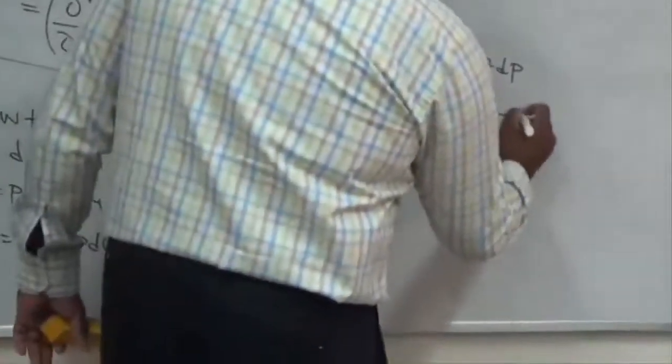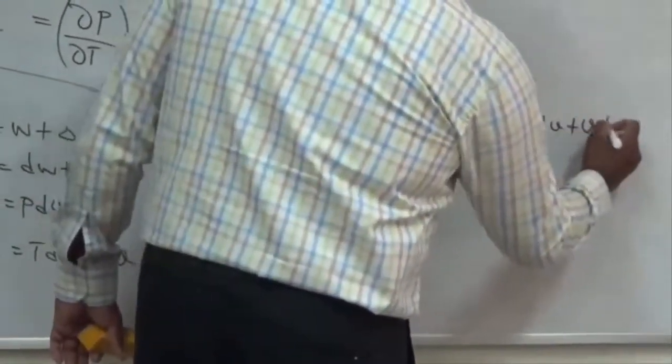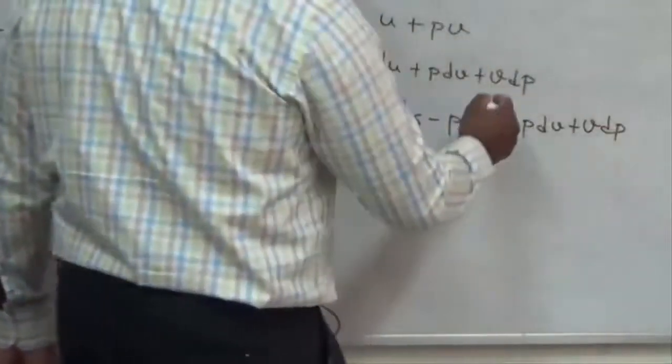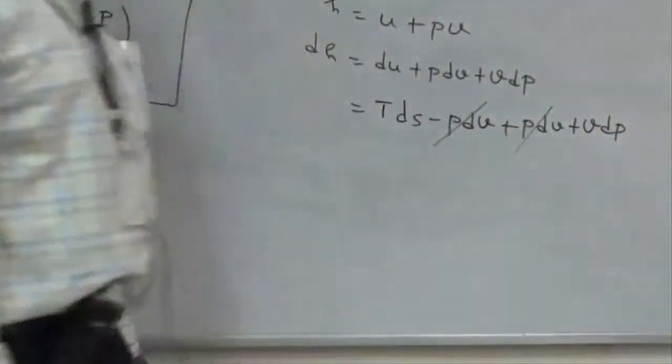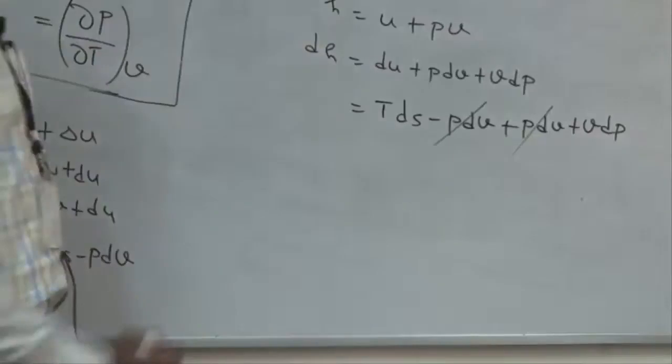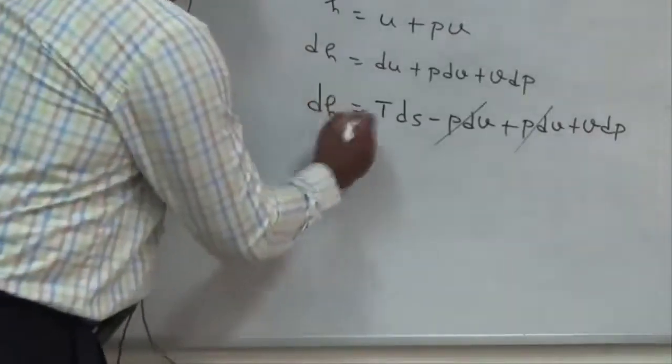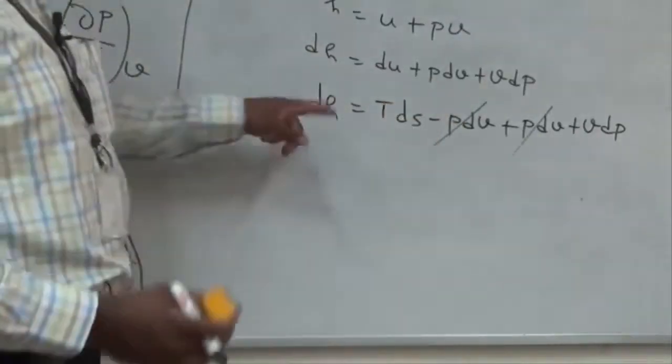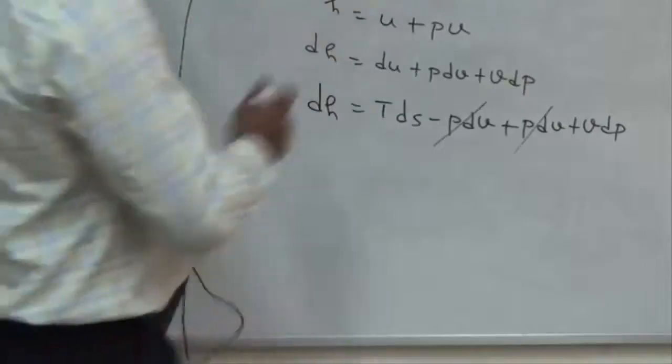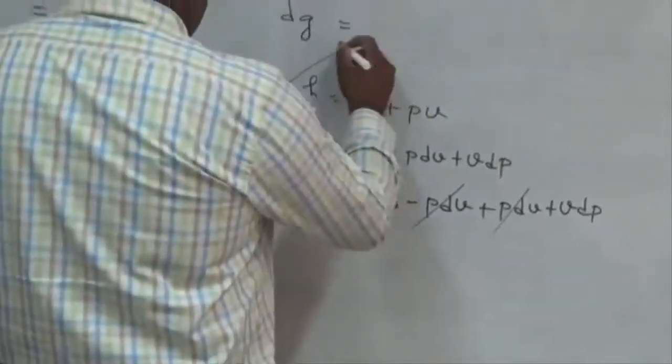So it becomes TdS minus PdV plus PdV plus VdP. From these two terms, plus PdV and minus PdV will get cancelled. So dH will be equal to TdS plus VdP. So substitute this dH over here.